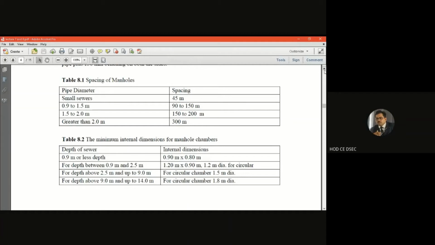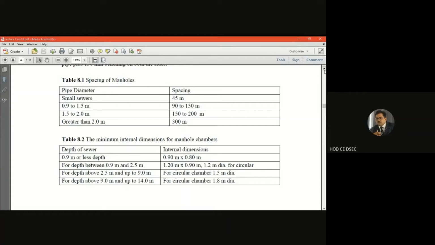In this internal dimension of the manhole, we have taken the priority of the depth of the sewer, that means at which depth the sewer has to be laid. So here also we categorized in 4 parts of depth: 0.9 meter or less, then 0.9 to 2.5, then 2.5 to 9, and then 9 to 14 meter. The 14 meter is the maximum in our design consideration for laying the sewer.